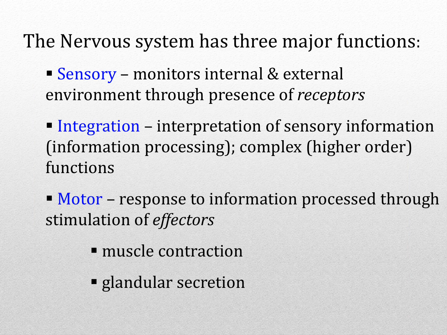So to reiterate, the nervous system has three major functions: sensory, which monitors the internal and external environment through the presence of receptors, taking in information via the afferent pathway; integration up there in the central nervous system, spinal cord, and brain, which is the processing of sensory information, complex higher order functions; and motor, efferent, a response to the information processed through stimulation of effectors.